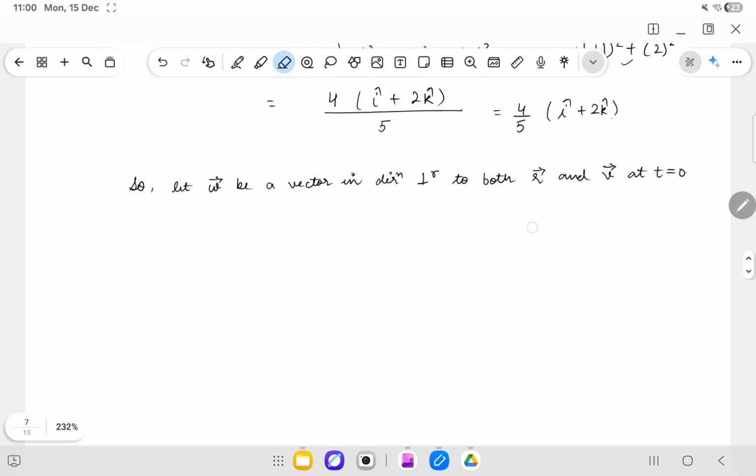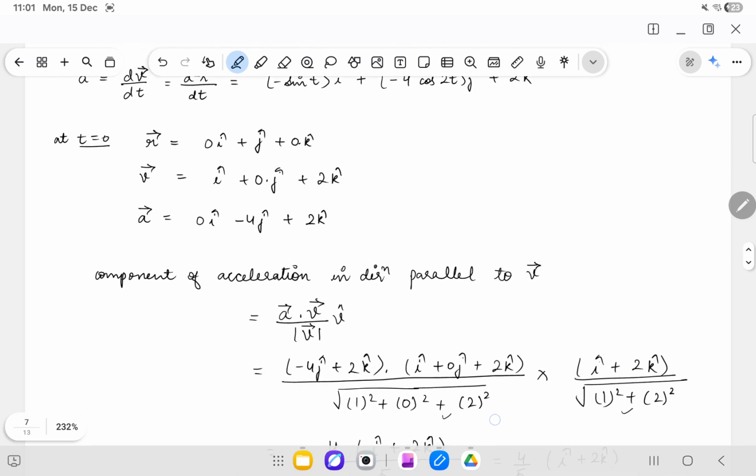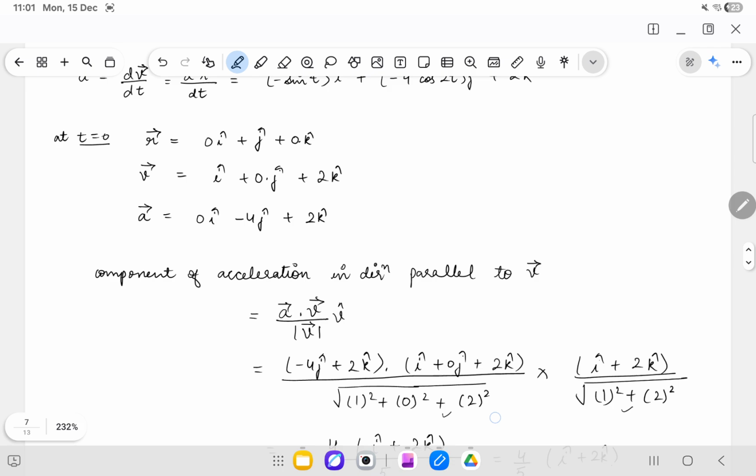So w vector will be given by the cross product of r vector and v vector. So it will be equal to the determinant of i, j, k, and my r vector is 0, 1, 0 and v vector is 1, 0, 2.